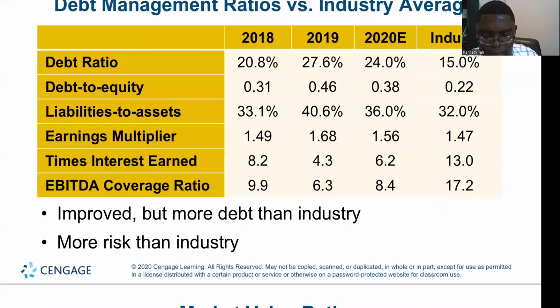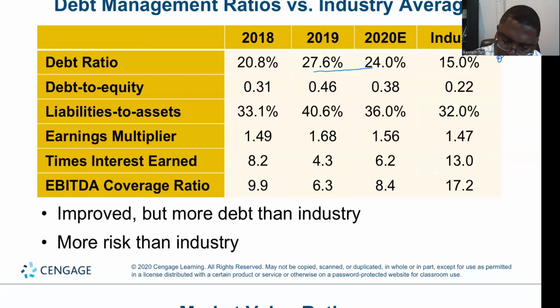All right, so we can do cross-sectional analysis and time series analysis. As far as time series is concerned, indebtedness is going down, which is good. So time series improvement, this is going down, so the company is less indebted.